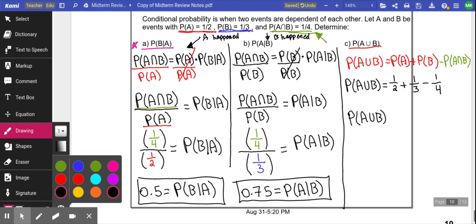You get 0.583 repeated. You could turn that to a fraction by going math frac, which is 7 out of 12. That's the probability of A or B happening.